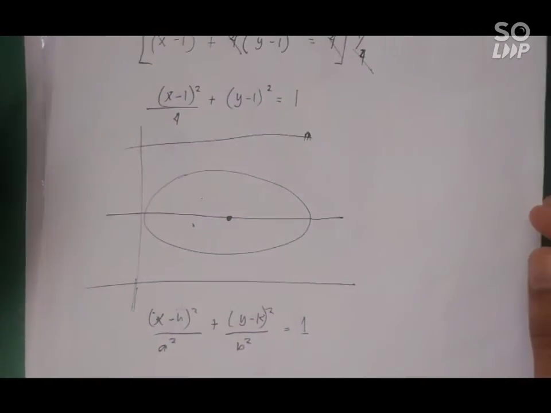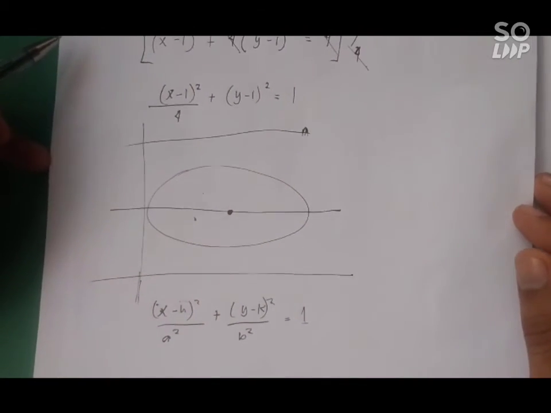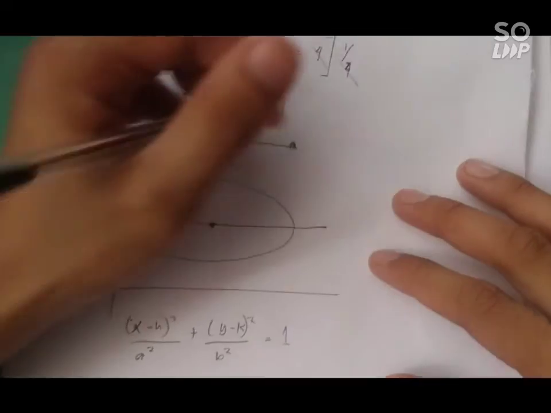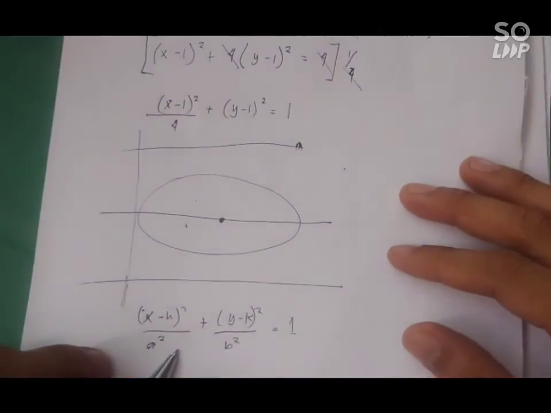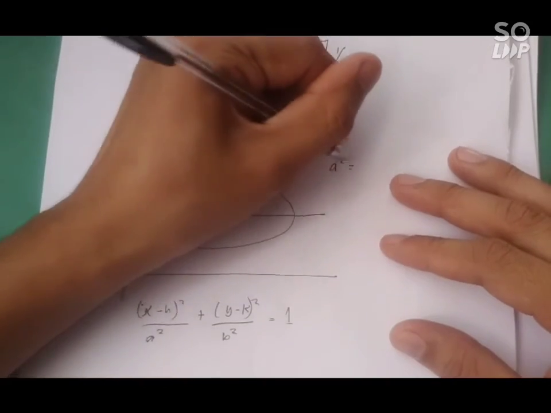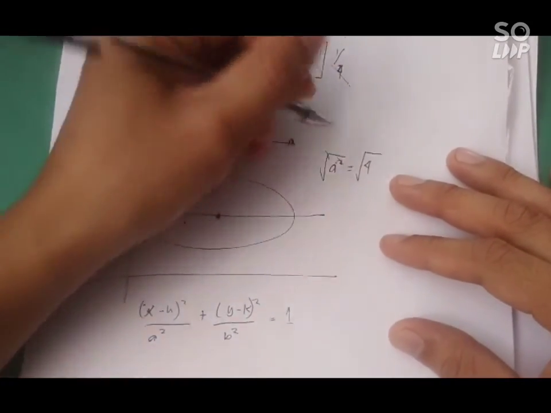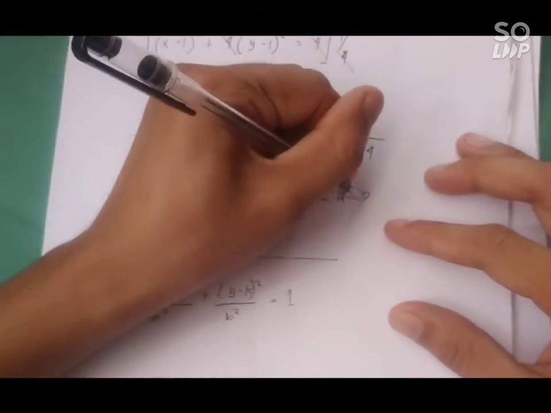So now what we are looking for is the major axis. In our problem, a squared equals 4, so a equals 2.